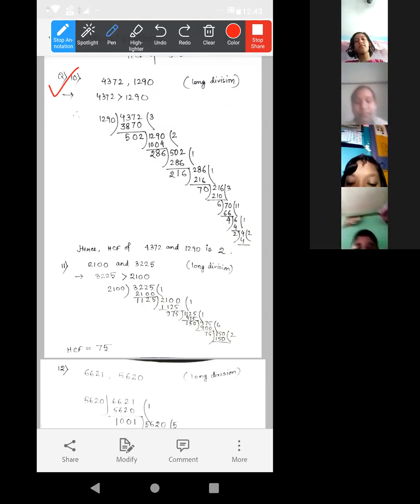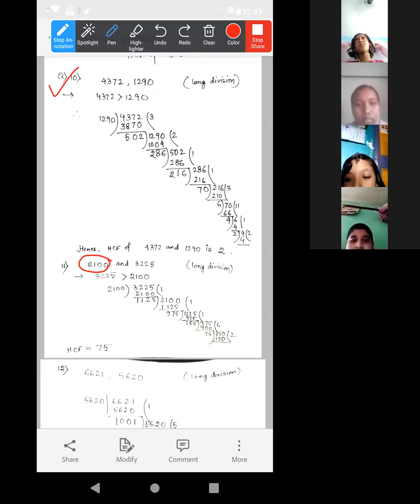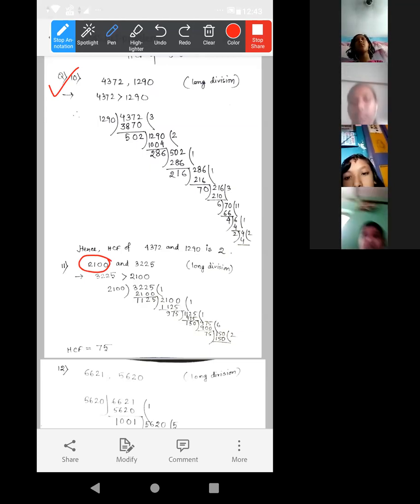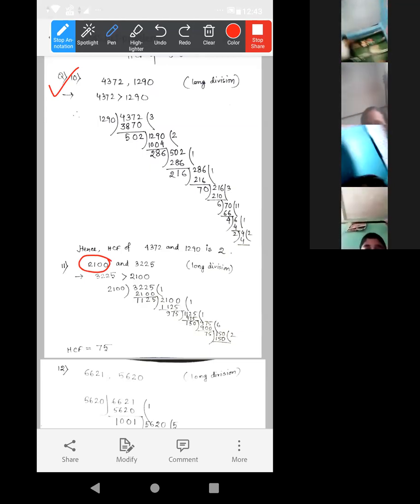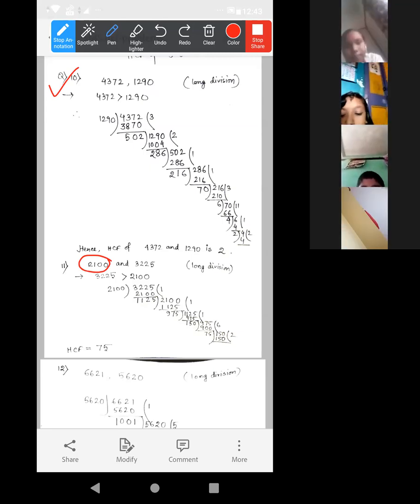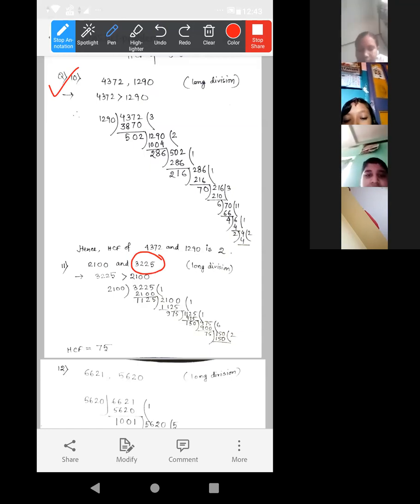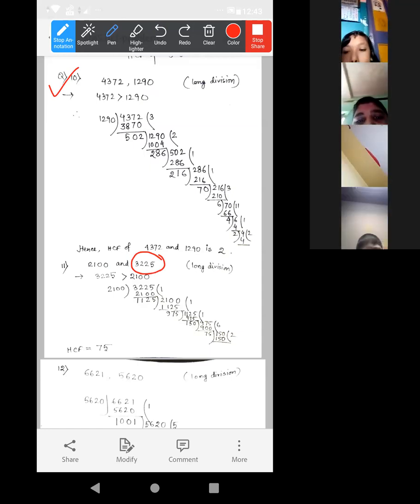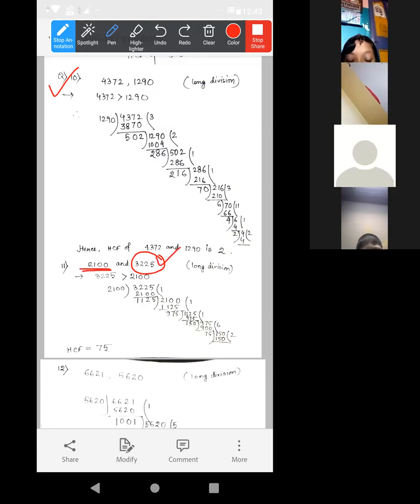Look at 11, it is 2100. Huh? Yes, say, beta. It is 2100 and the next number is 3225. Now, this one is greater than 2100. Then we have to divide this 3225 by 2100.